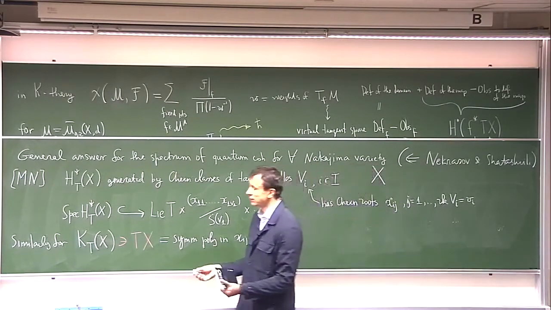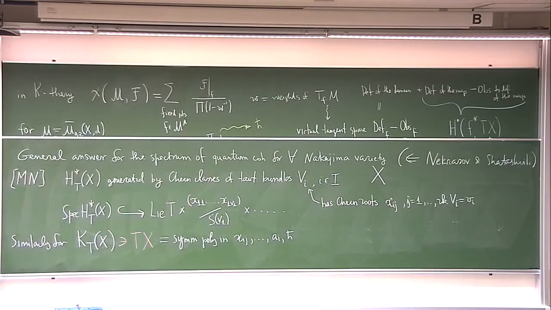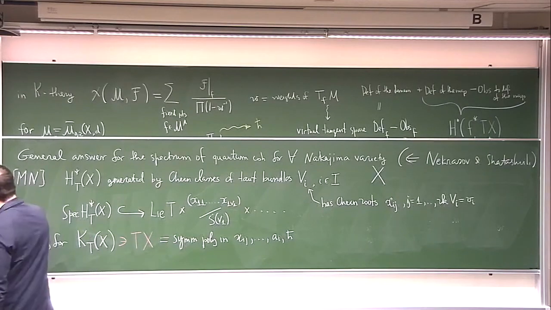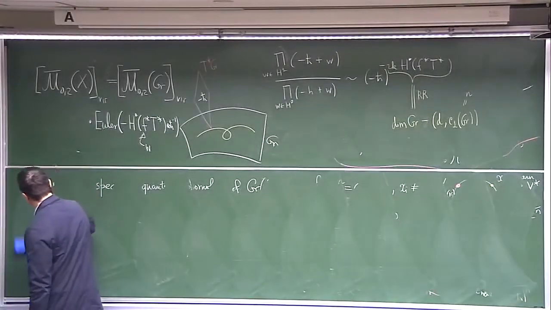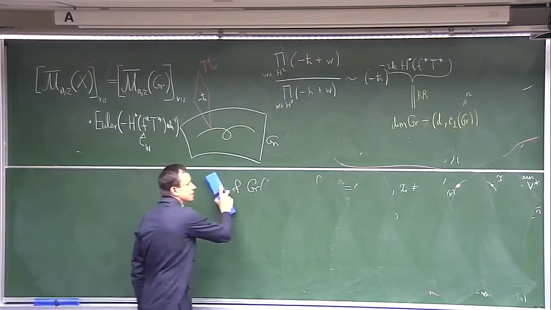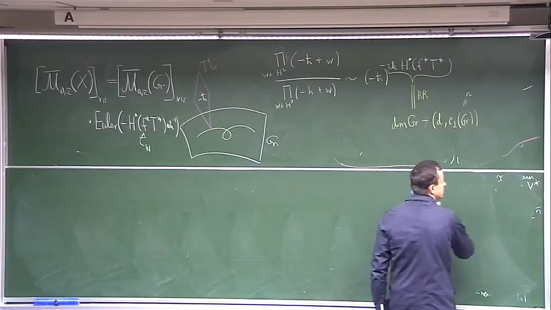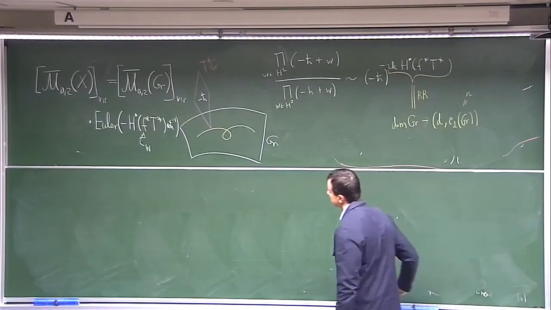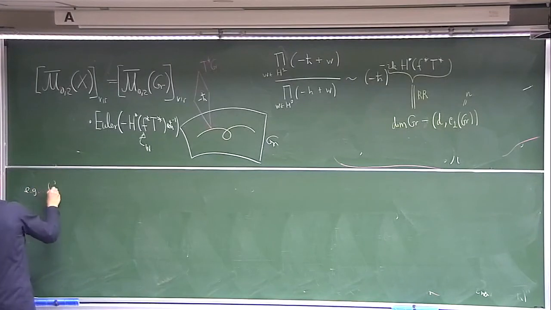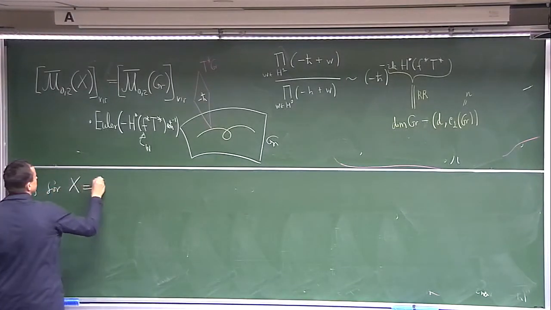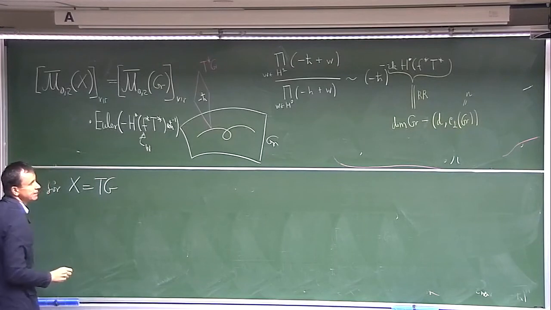What is it for the Grassmannian? For X equal to T star Grassmannian.